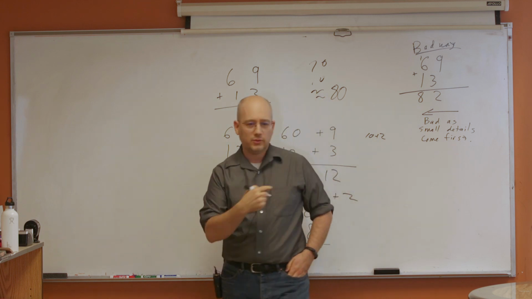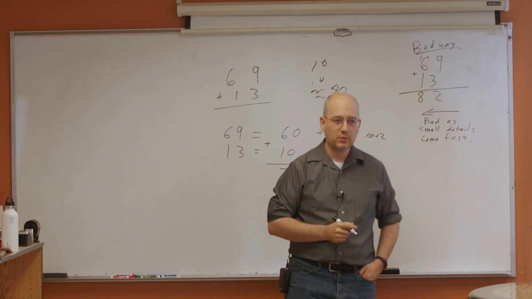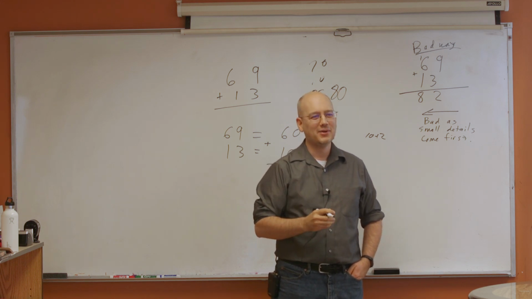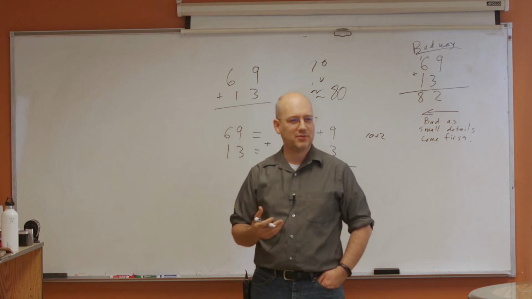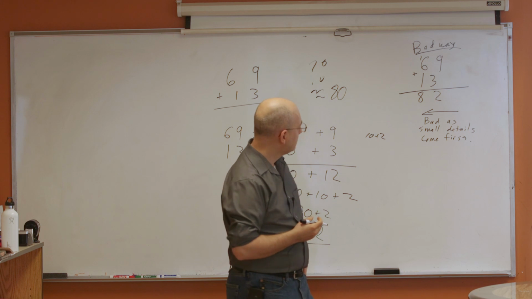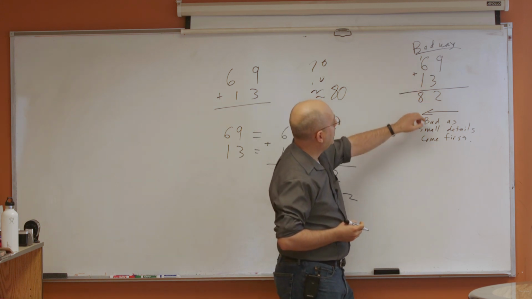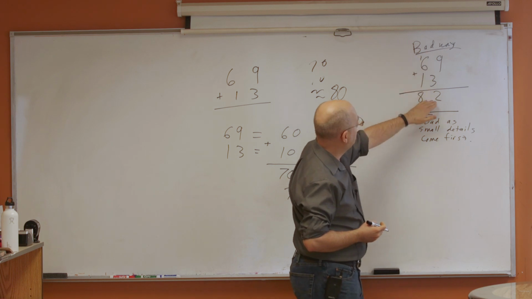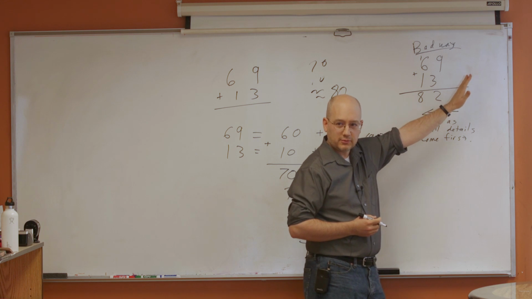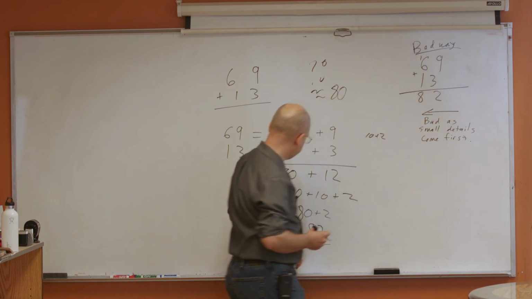Now, why do some people do it that way? Why do most people do it that way? Why was that chosen as the method? Well, this carrying part, right? Once I'm done with the 9 and the 3 becoming 12, I write the 2, I put the 1, and I don't go backwards. I'm done with that, and now I can add that up, and I get 82.